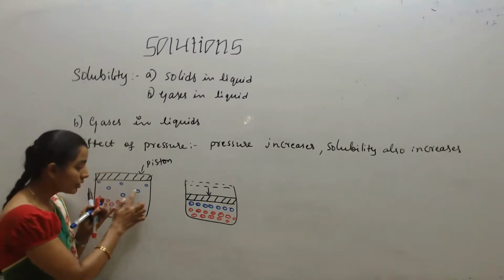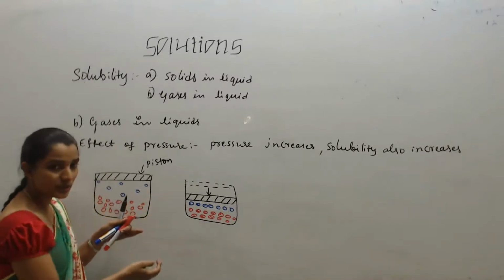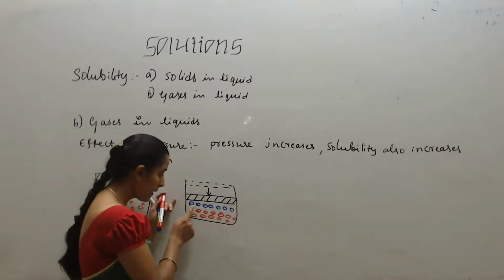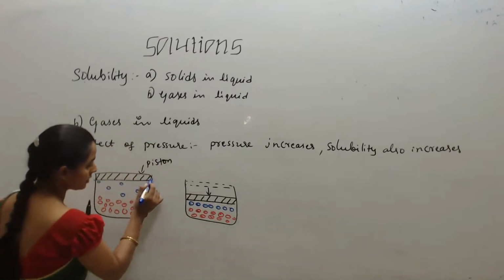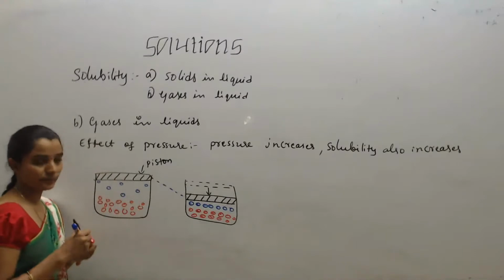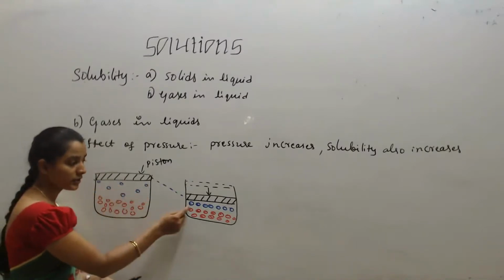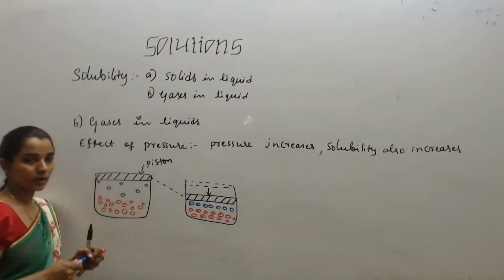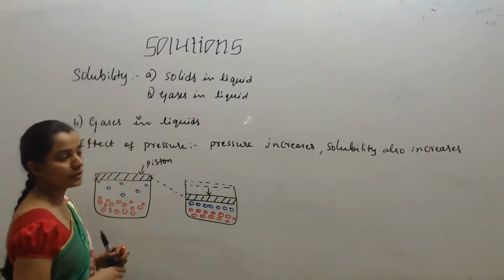The intermolecular distance decreases. The volume decreases when the pressure increases. Then the dissolution of gas increases. If we move the piston, these molecules which were far away from each other dissolve in water. So this shows that pressure increases solubility.